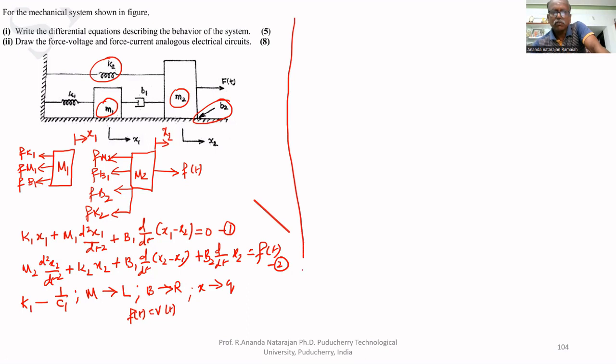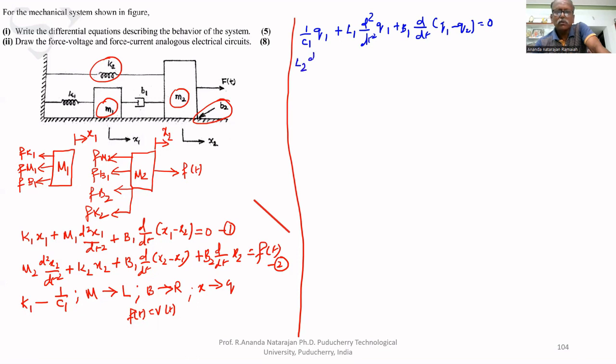Therefore, the first equation becomes: replace K1 by 1 by C1, X1 by Q1, and M1 by L1. So 1 by C1 Q1 plus L1 d square by dt square of Q1 plus R1 d by dt of (Q1 minus Q2) equal to 0. Similarly, in the second equation, M2 is replaced by L2.